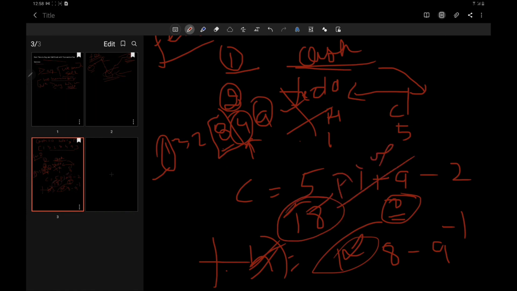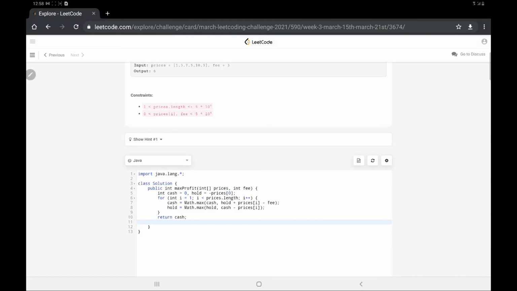Let's see the code for this, and it would be much clearer then. So this is the code where I have taken a cash variable as 0, because initially we don't have any, and I have bought a stock on day 0. Now I'll begin from day 1 and complete my search. I'll see if it's a maximum for cash or not.